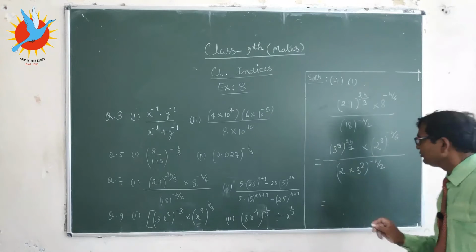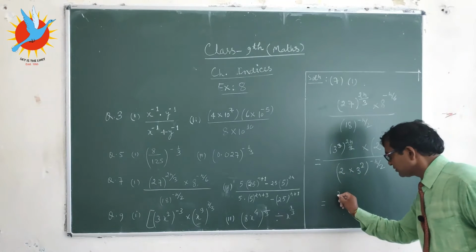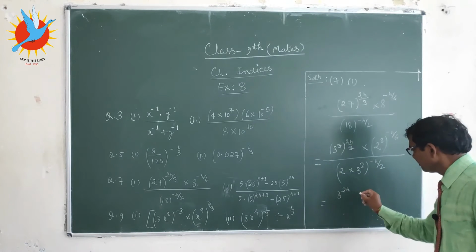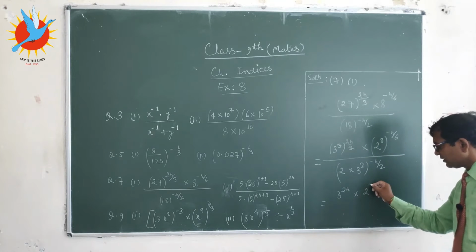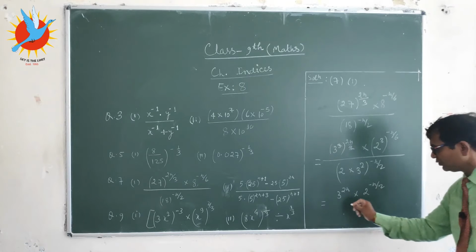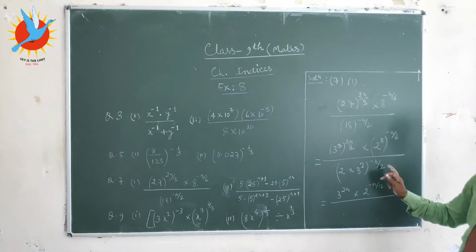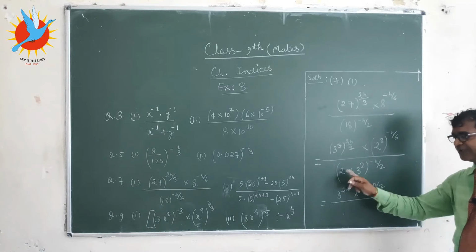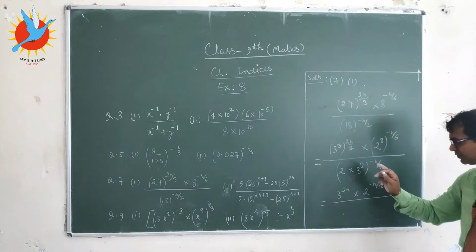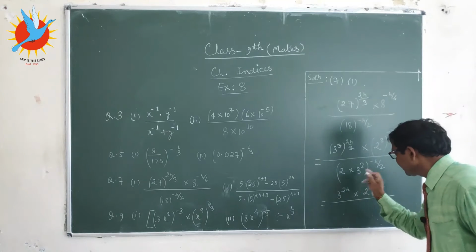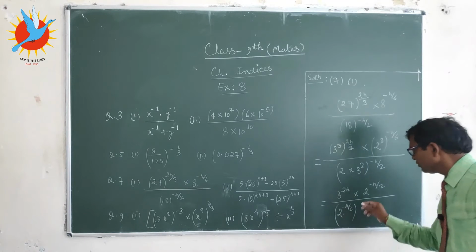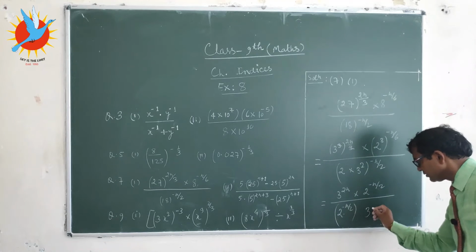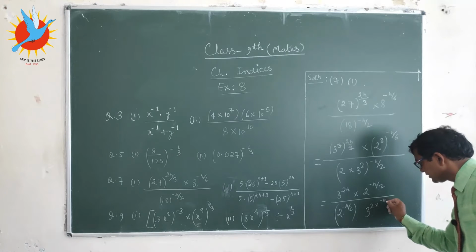So we have 3 to the power 2n multiplied by 2 to the power minus n by 2 over this minus n by 2 raised to the power 2. Now this can be written as 2 to the power minus n by 2 and 3 to the power 2 into minus n by 2.